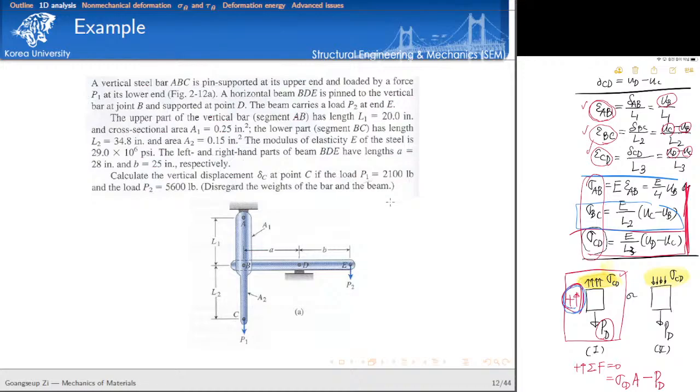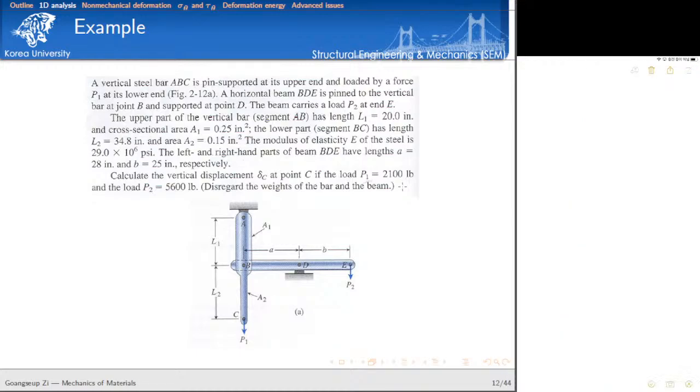Okay, so now let's consider a simple example. So first we need to identify the force acting at point B. Then because we have force P, we can easily calculate the force acting at point B. Then this is equal to what? The PB is equal to, it's very easy, right?